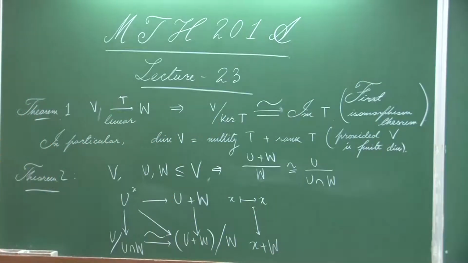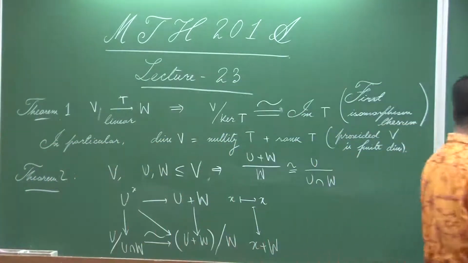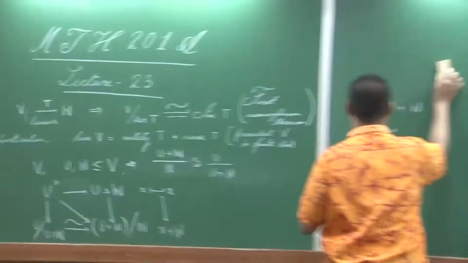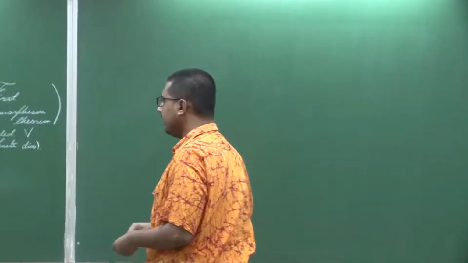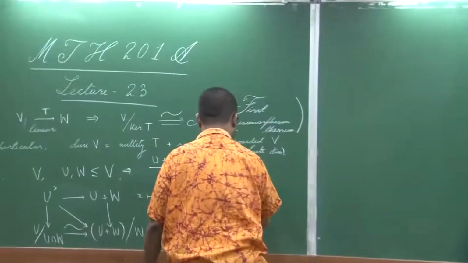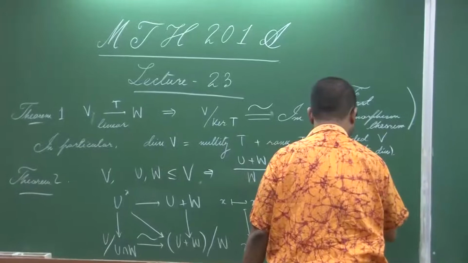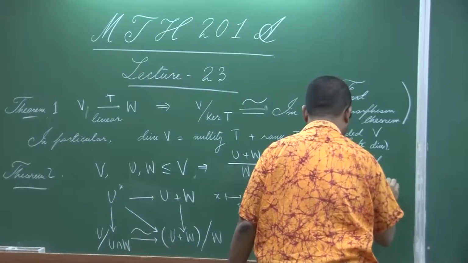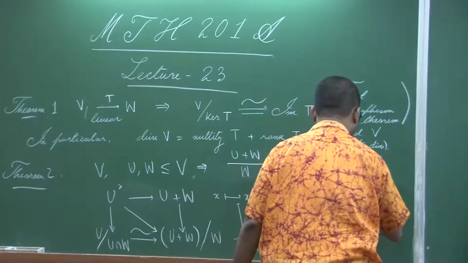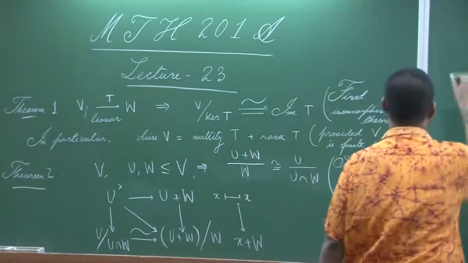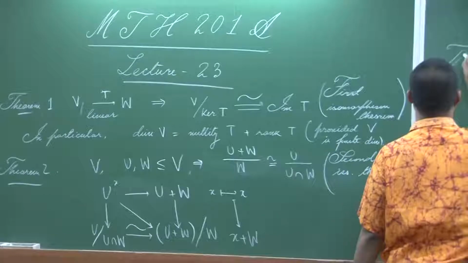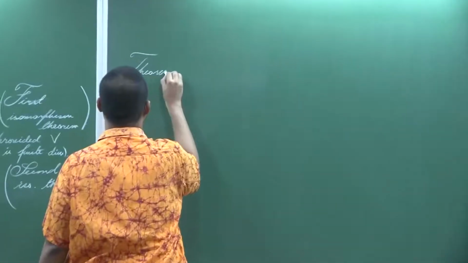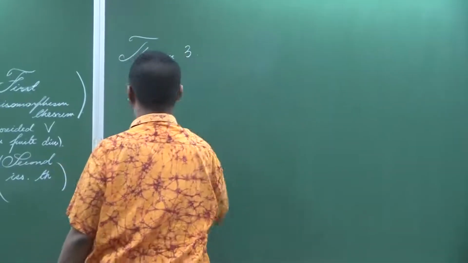So, this is the second isomorphism theorem. There is a third isomorphism theorem which talks about repeated quotients.